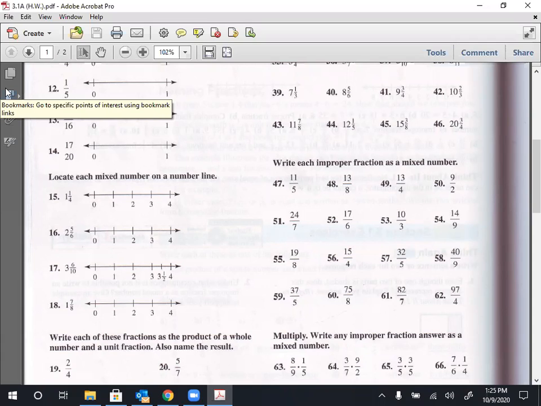Which one are we working on? 51. 24 over 7. So you divide 24 divided by 7? Right. How much is that? Can you wait 1 second? Yeah.